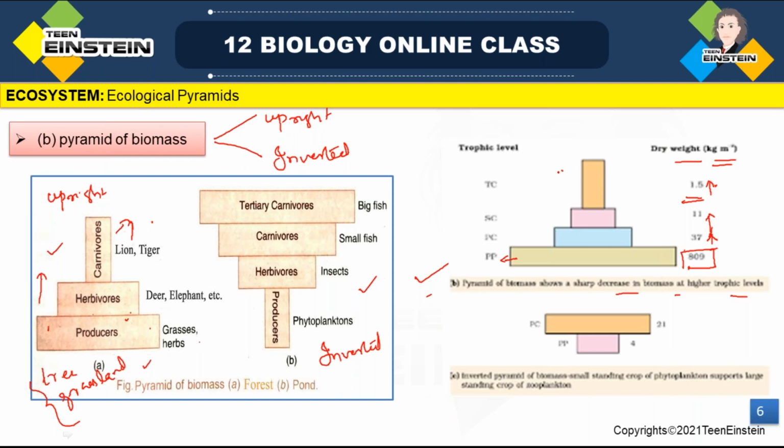Next, when it is moving to the inverted one, for example, we are saying an aquatic or pond ecosystem. In that, the pyramid of biomass may be inverted.